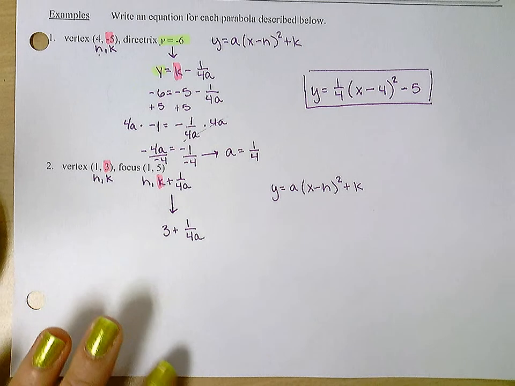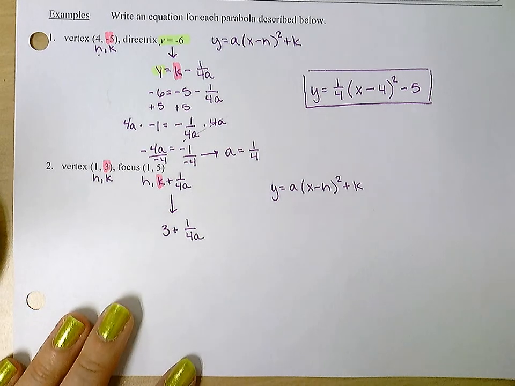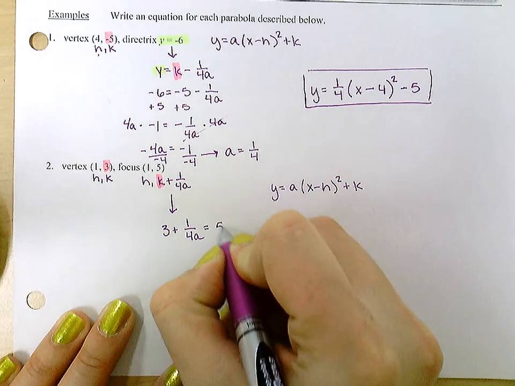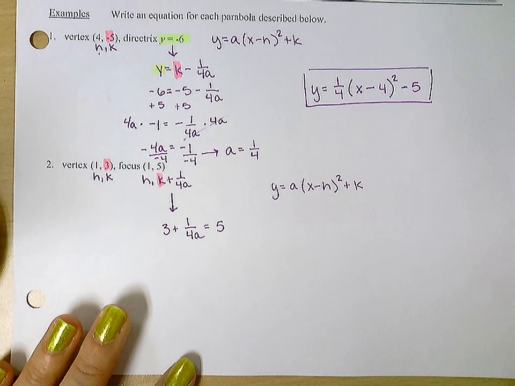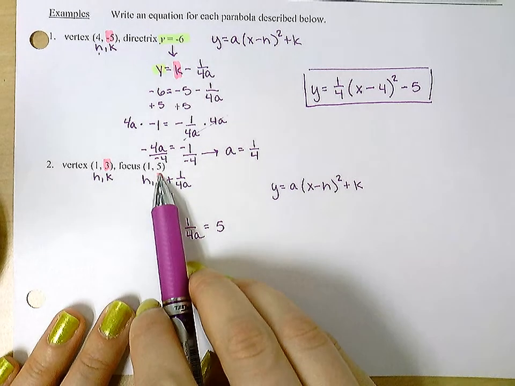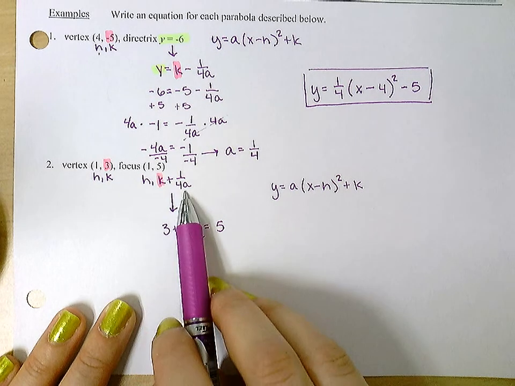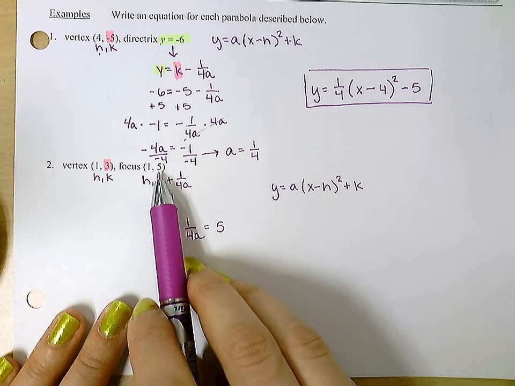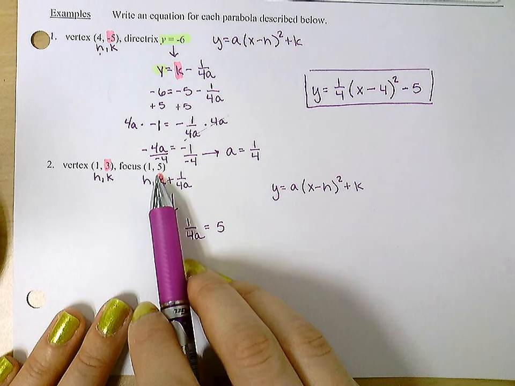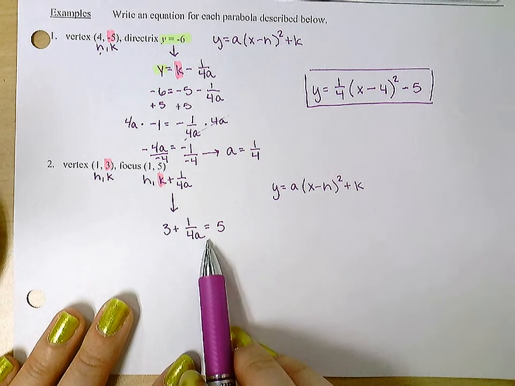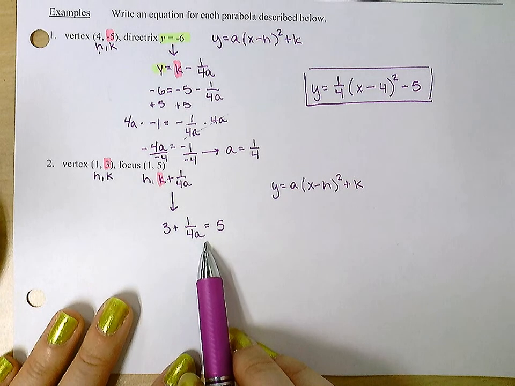Do you know what that's equal to? It is equal to 5. It has to equal that y value. So whatever I plug in for k and a has to equal out to whatever that y value is in that coordinate point. Okay, so it has to equal 5.